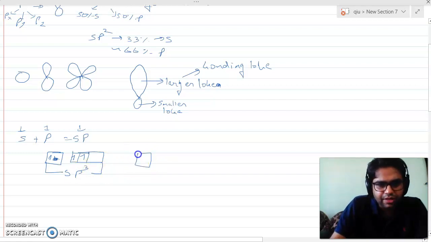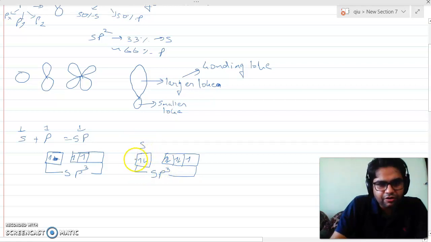Another example could be shown like this. Let's say this has a fully filled s orbital, and here a fully filled p orbital, and then a vacant one. They can all mix together, and they can form sp3. Why?